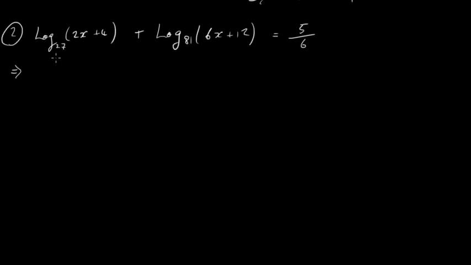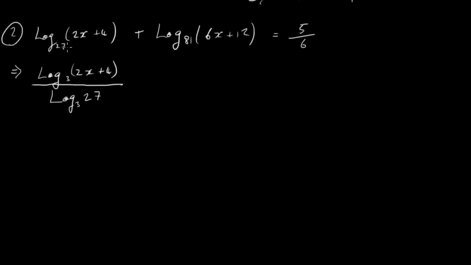I'm going to change this first of all using the laws of indices, using the last law, law 8 I think it was. I'm going to change this to the base 3. So I'm going to write log 2x plus 4 to the base 3 over log 27 to the base 3.